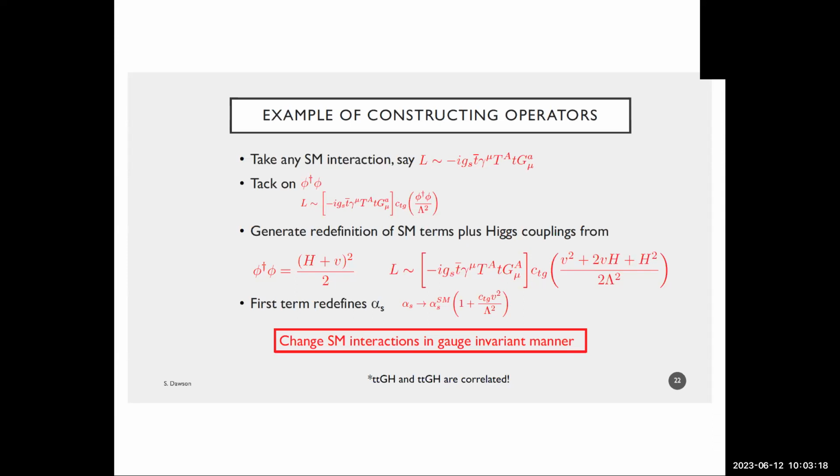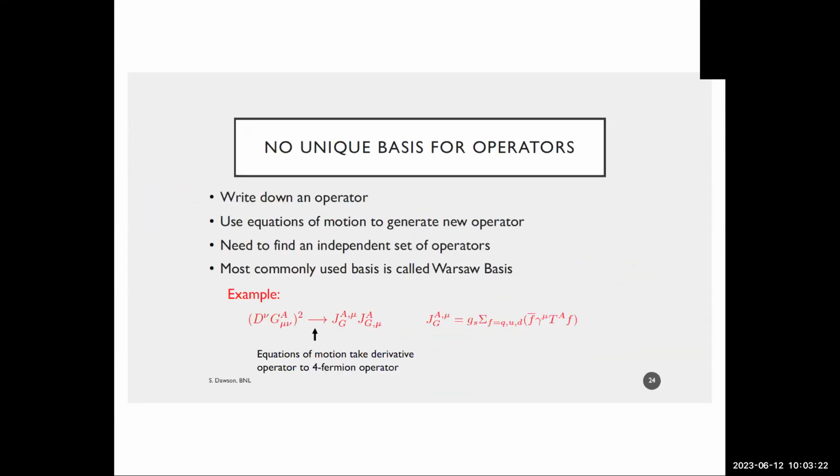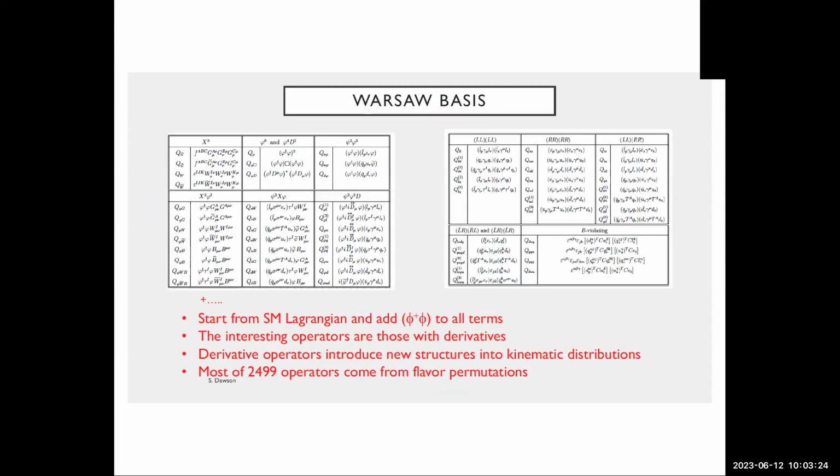Baryon number violation, no problem. This table includes a bunch of CP violating operators. I can write down all the CP violating operators, feed them into my programs, and make my predictions. So there's no problem, as long as it's perturbative.